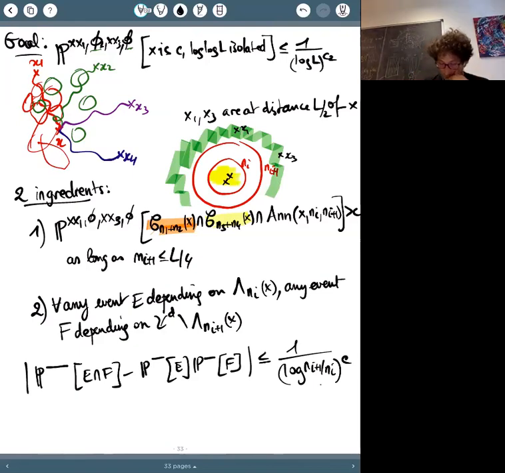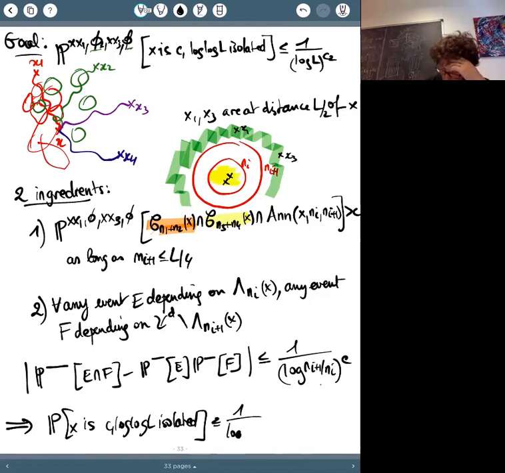Okay. Is it clear for everybody that if you have these two things, then you automatically end up with the fact that the probability of x being C1 log L isolated for some very small C1 is smaller than 1 over log L to the C2? It's simply, you have positive probability of intersecting in the first annulus.